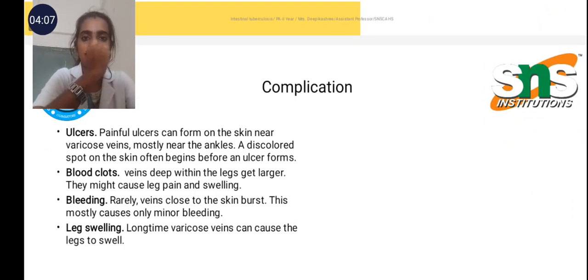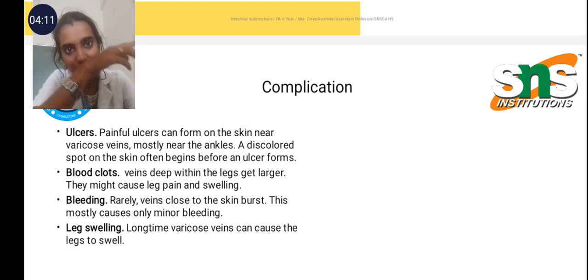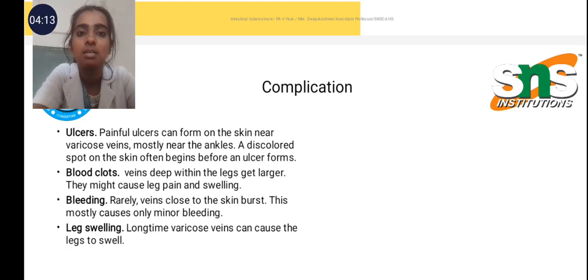And then complications. If not treated, what are the things the patient gets? That means ulcer. Painful ulcers can form on the skin near the varicose vein. A discolored spot on the skin often appears before an ulcer forms. Another one is blood clot. The vein gets larger, and bleeding occurs if the veins close to the skin burst.